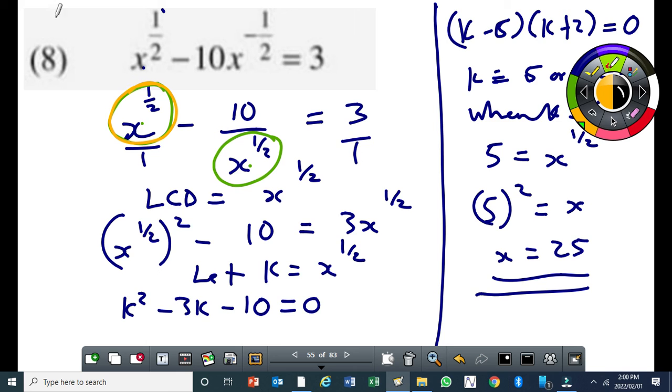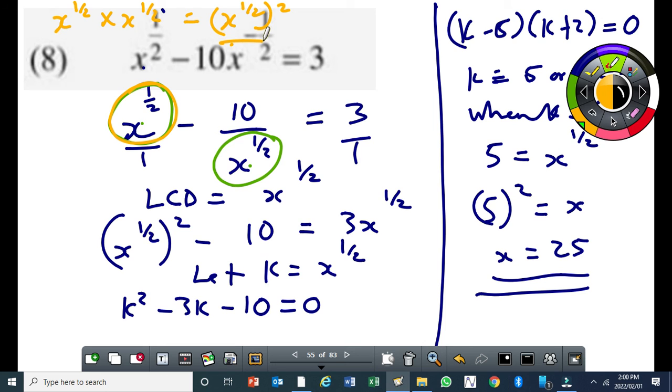So it will become x to the power of a half times x to the power of a half, and this is the same as x to the power of a half all squared. If you multiply this x to the power of a half by that one, you will come to that. Are you following?